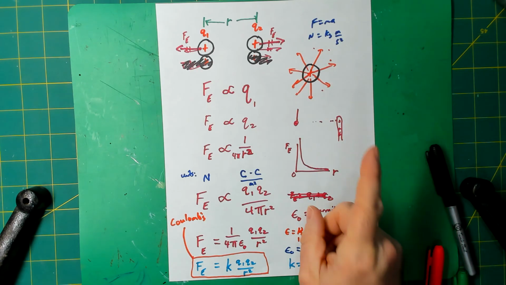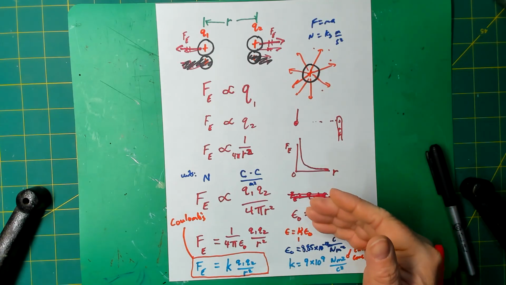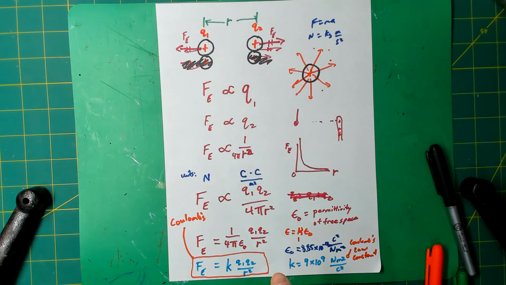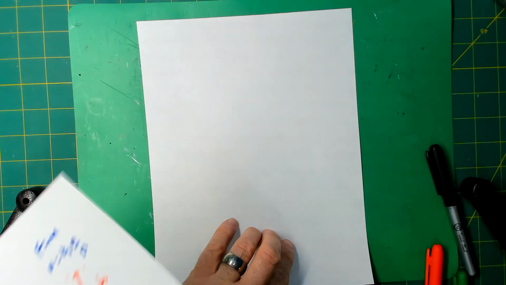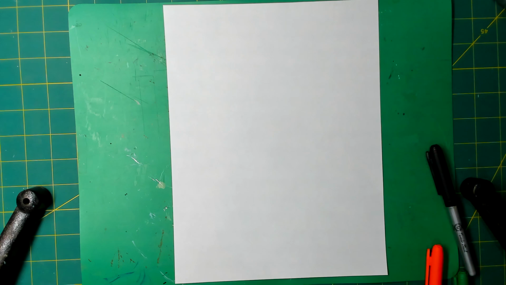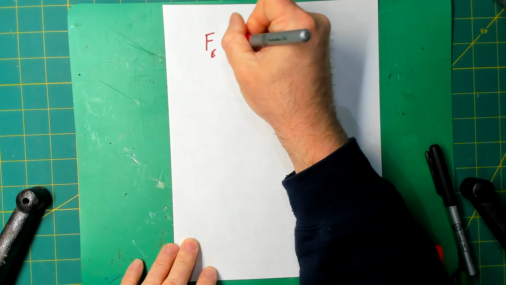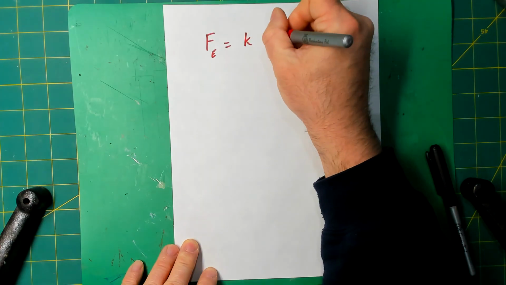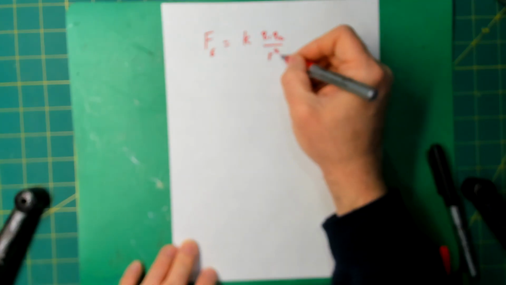Okay, I've got one last thing I have to warn you about using Coulomb's law, and then maybe I'll do a quick sample calculation. Coulomb's law is an equation we're using to calculate a force, right? So I might say, here's my electric force, k Q1 Q2 divided by the distance between the middles of the charges squared.